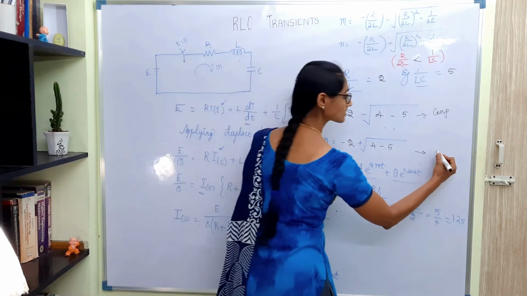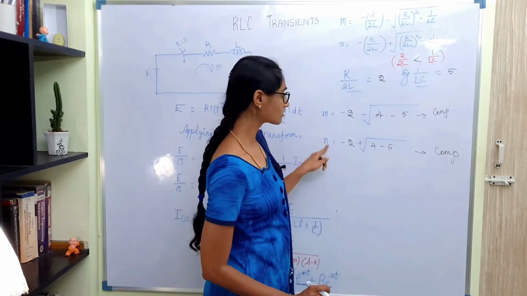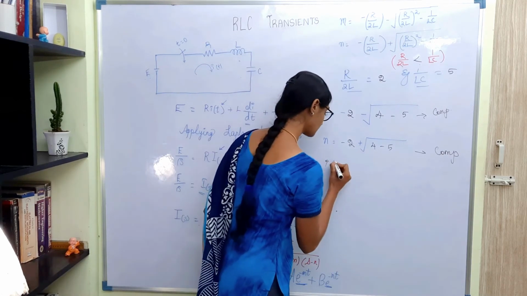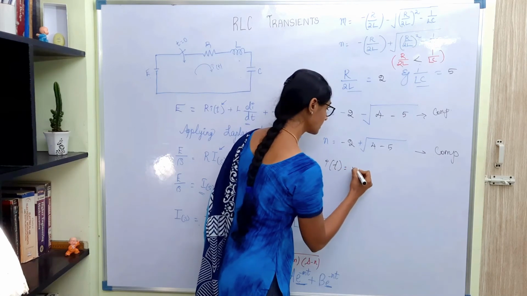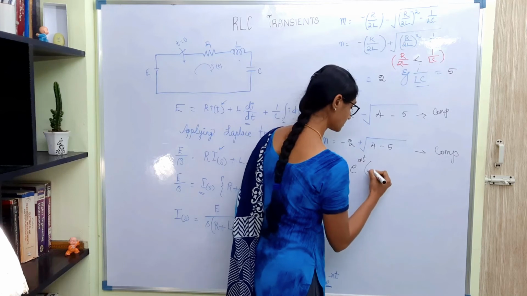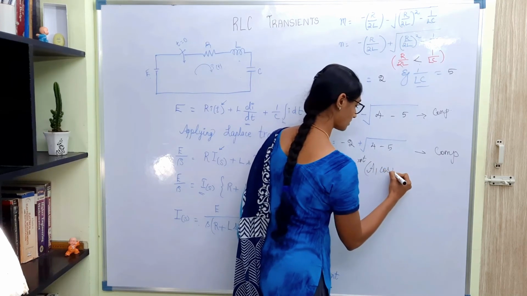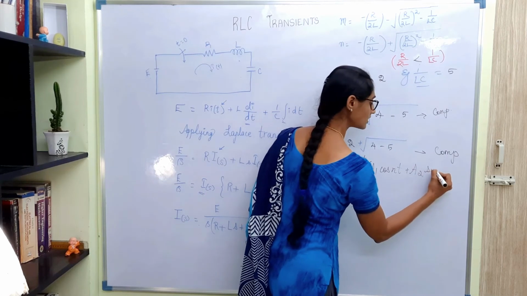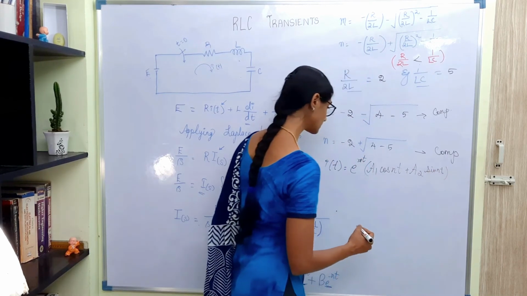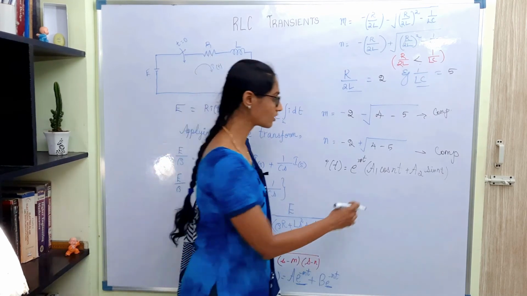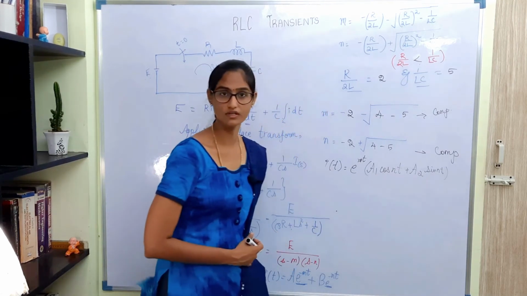When both the roots are complex conjugates, then the response i of t will be e to the power mt times a1 cos nt plus a2 sin nt. So in this case, this response will be an oscillating response since you have cosine and sine terms over here.